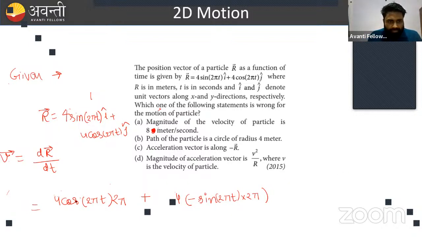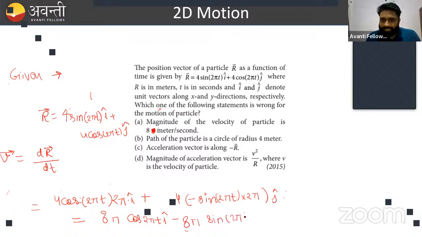So what has it given to us? It is 8 pi cos 2 pi t i cap. I have missed i cap and j cap. Okay, i cap and j cap minus 8 pi sine 2 pi t j cap. So this is our velocity vector.